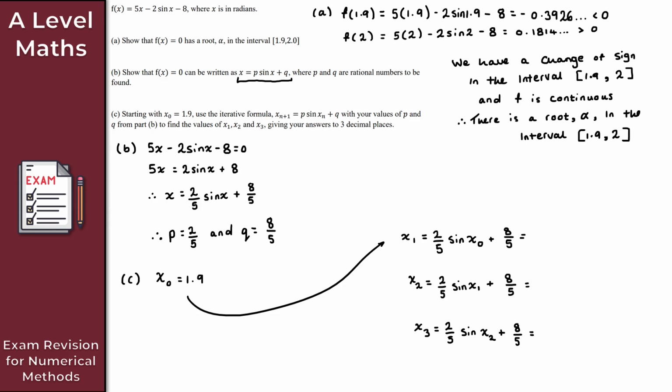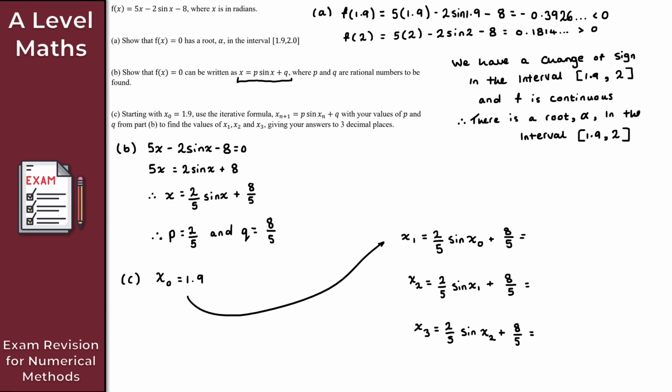Okay. So if I grab my calculator here then, let's run through this together. The first thing that we do here then is we input x0 into our calculator. So we input 1.9 and we store that in the memory of our calculator.